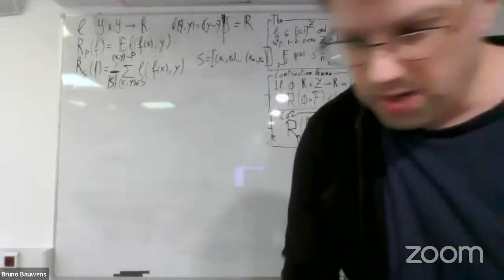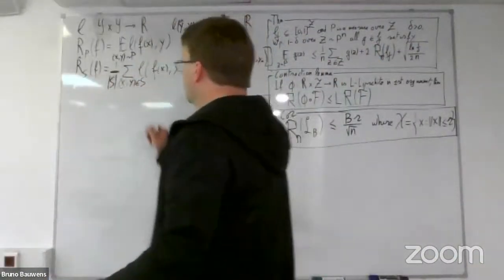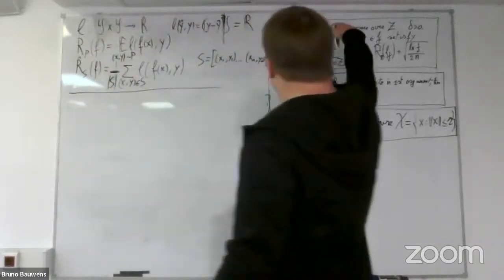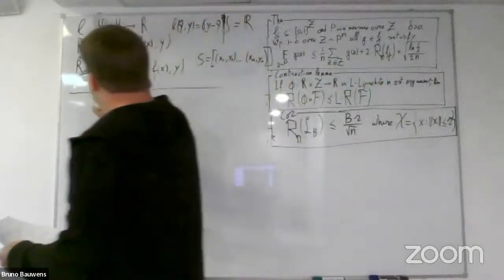And so let us now give a very simple risk bound. We get it almost directly from these three results.